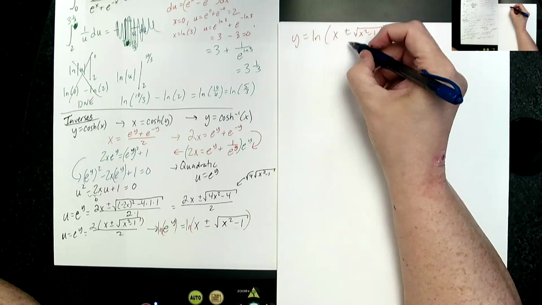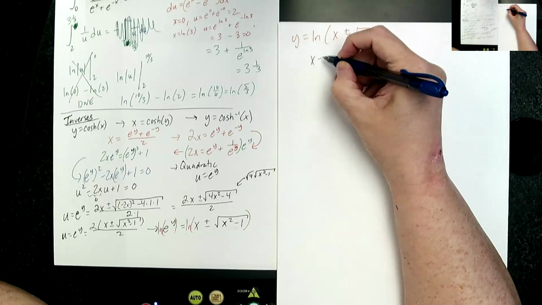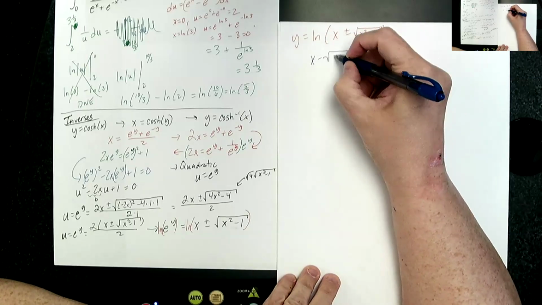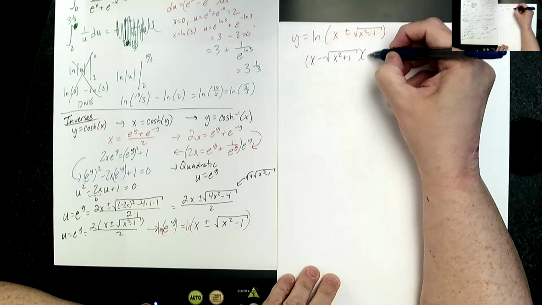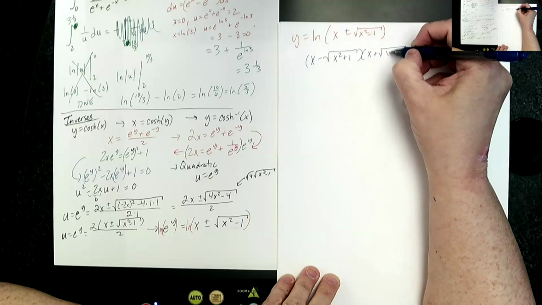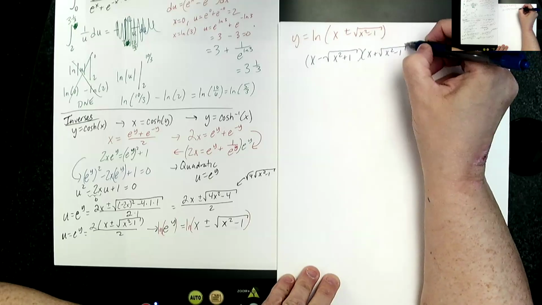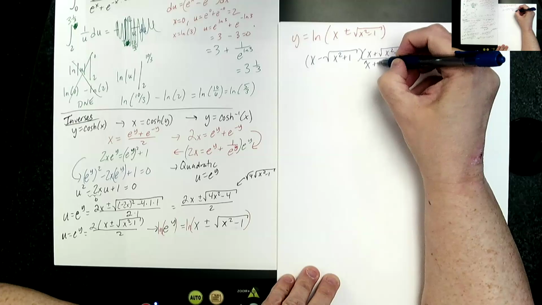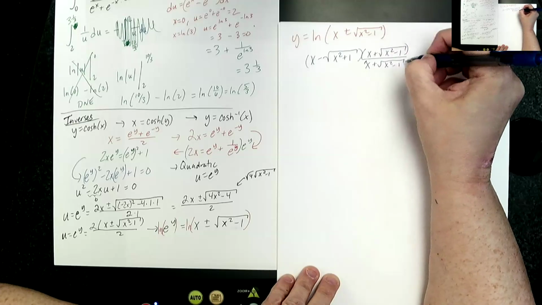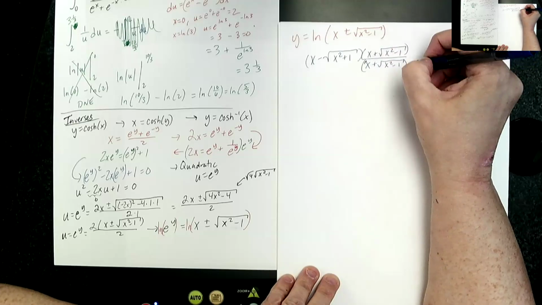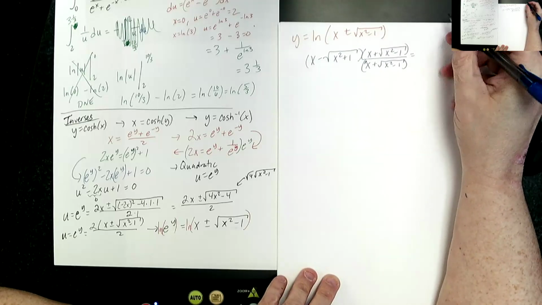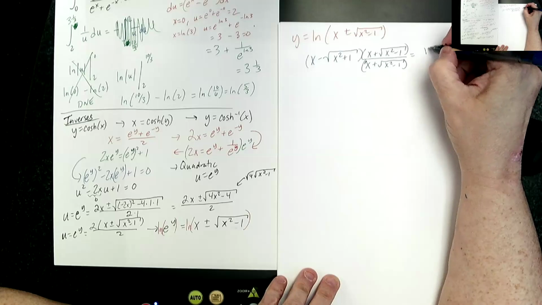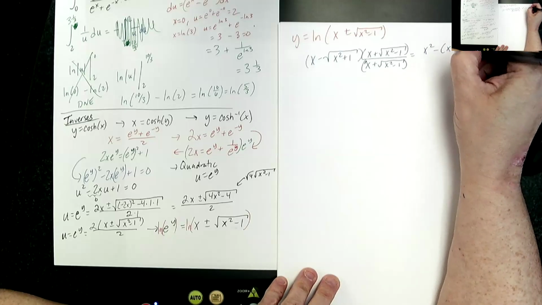If I look at the x minus the square root of x squared minus 1, if I have this and I multiply by the conjugate, I get x squared minus (x squared minus 1).